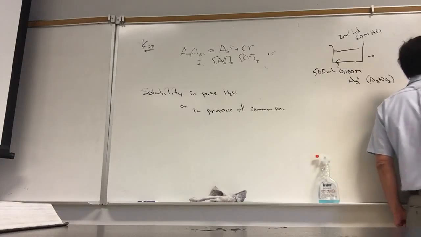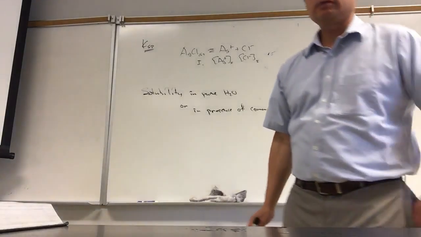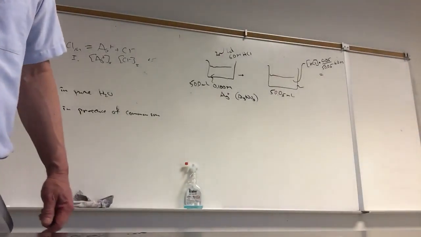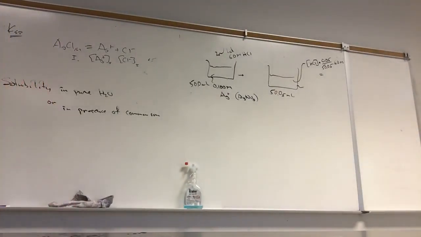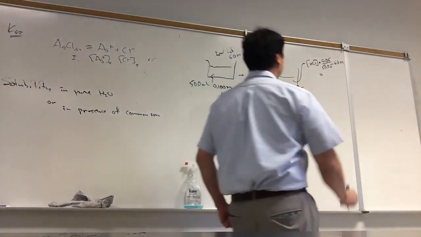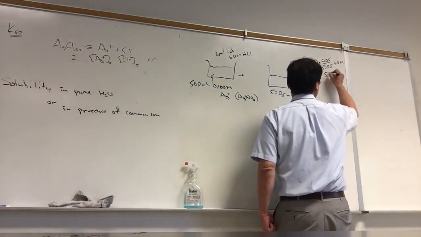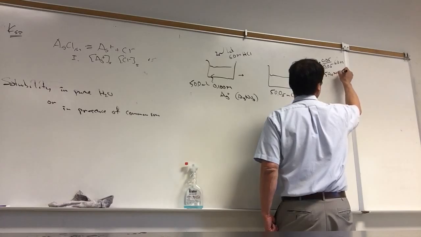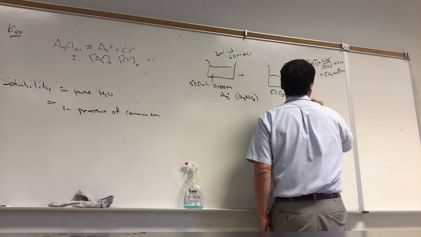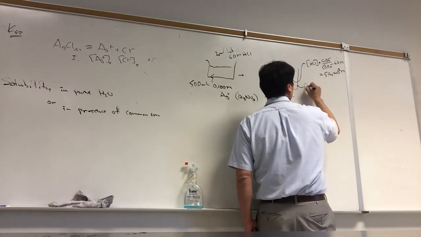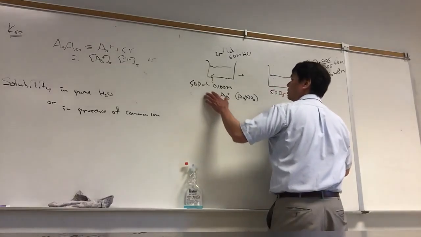Can someone calculate this out and then tell me what you get? 5.99 times 10 to the -3 molar. Then we calculate the silver ion concentration.